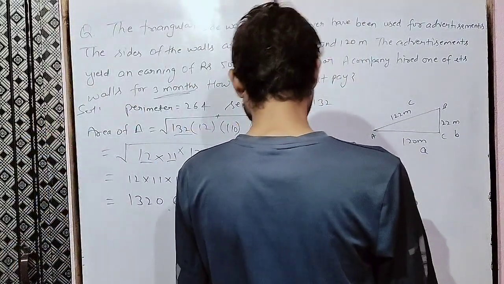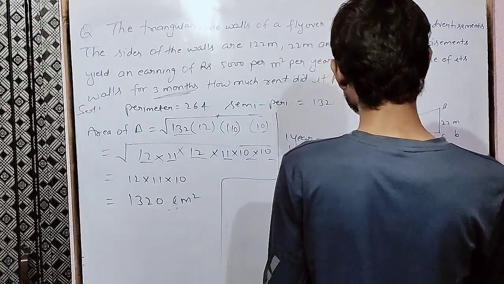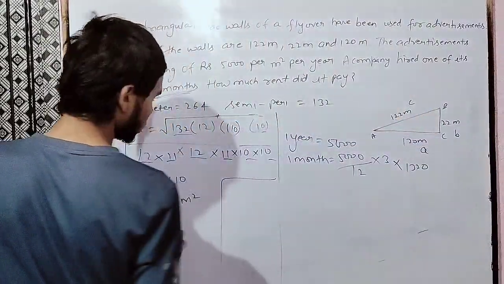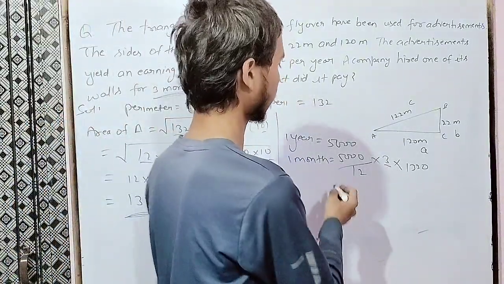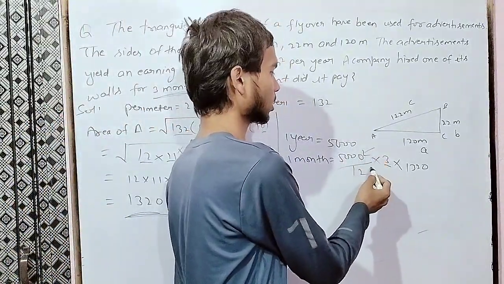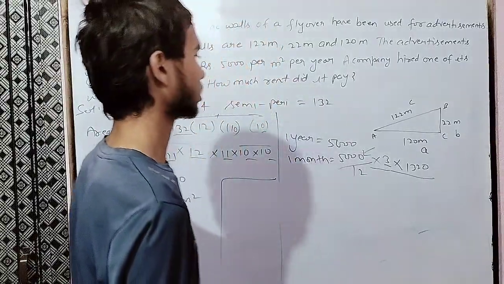And then you will also apply this area. So this is for 3 months, and this is per meter square. And for 3 months, how much is the area of this triangle?